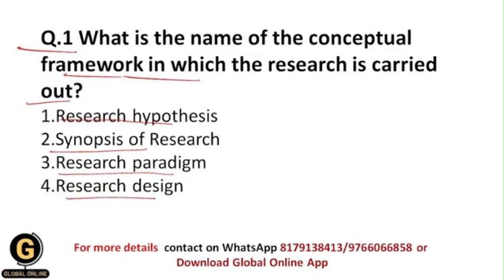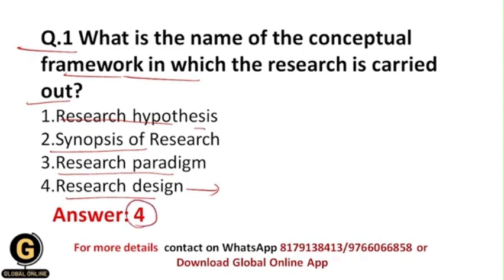Conceptual framework means the whole outline of the whole research process, which is nothing but the research design, and that's why your correct answer should be 4, because research design is the whole outline of your research process, in which you explain what different data collection methods and data analysis methods you are going to employ in your whole research process.